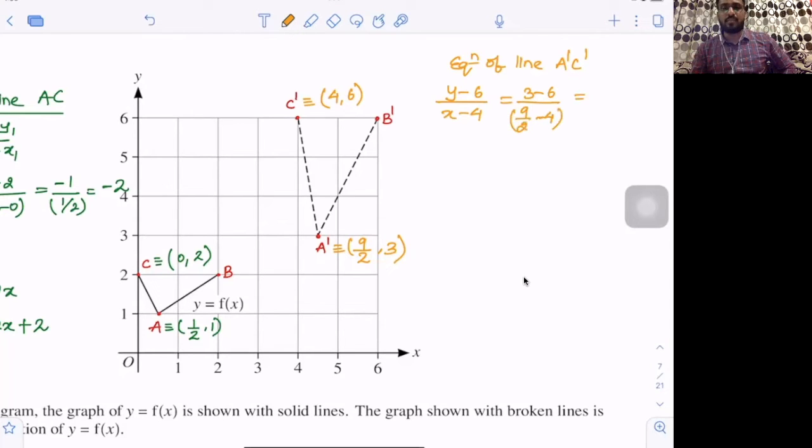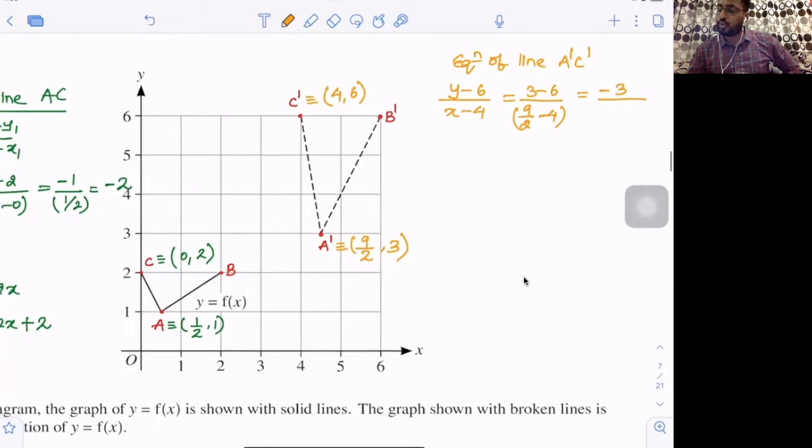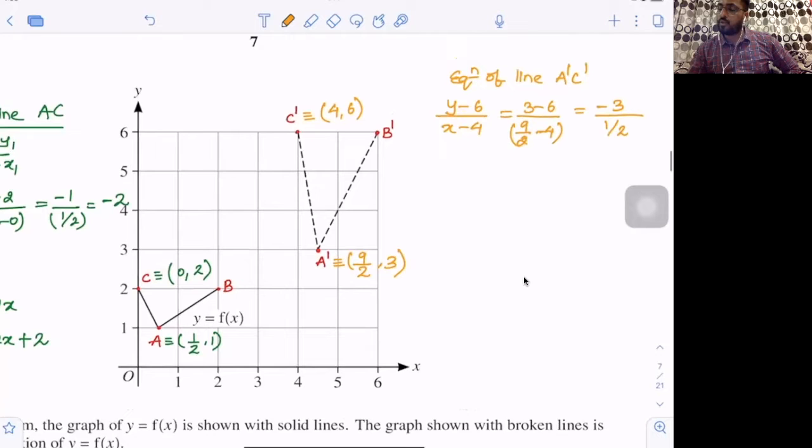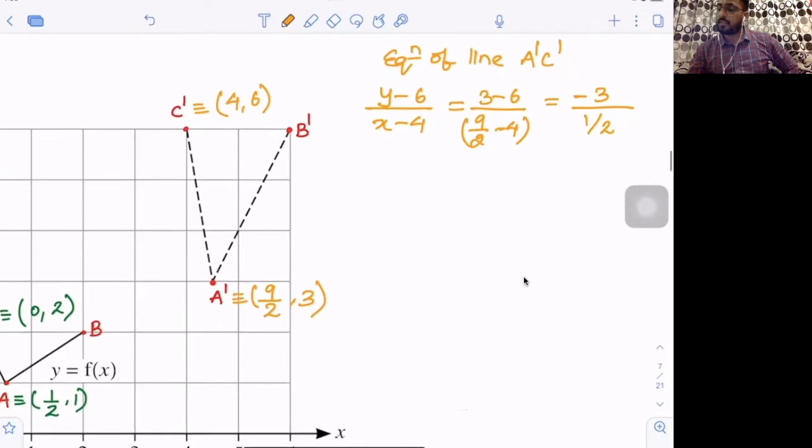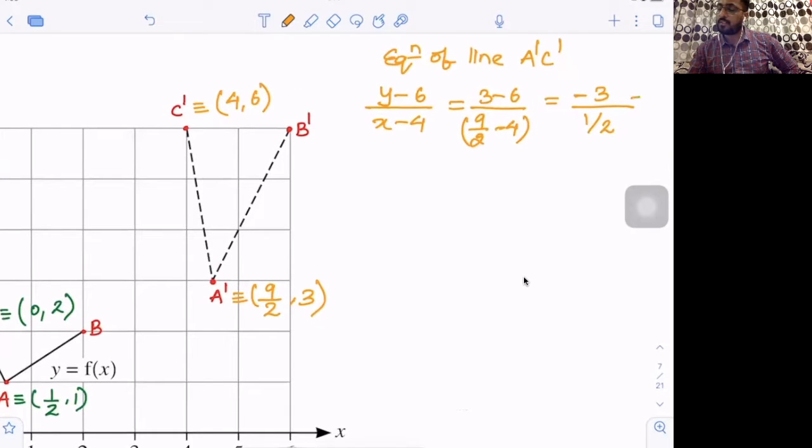So that gives you 3 minus 6, which is minus 3, divided by 9 upon 2 minus 4. So 9 minus 8, that's 1, 1 upon 2. So you get 1 upon 2. So that comes out to be minus 6. So this is equal to minus 6, right?